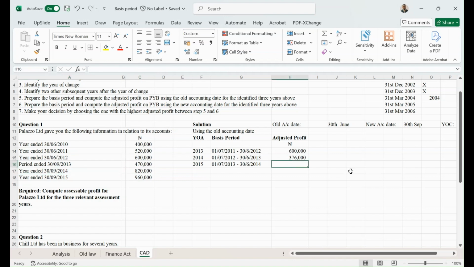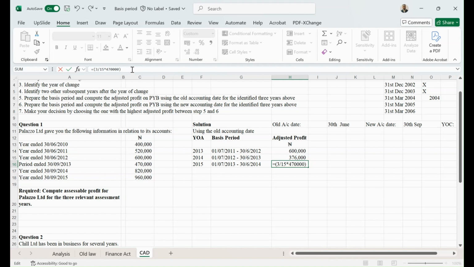So to solve the adjusted profit for that, the 3 months that can be found in the 470,000 is going to be 3 over 15 times 470,000. Let's put it in brackets.